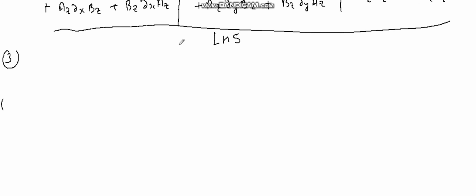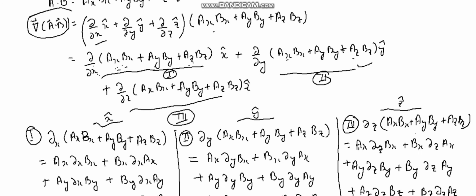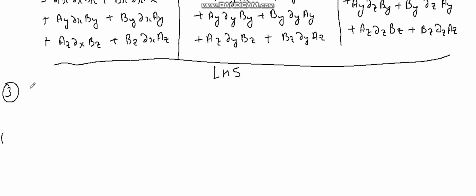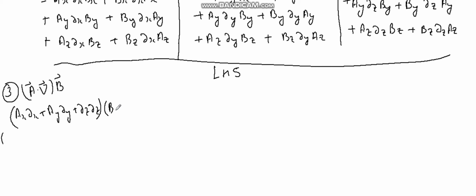So let's say this is the third term, A dot del operating on B. A dot del is Ax del x plus Ay del y plus Az del z, right? Acting on B, so Bx x cap plus By y cap plus Bz z cap, right?